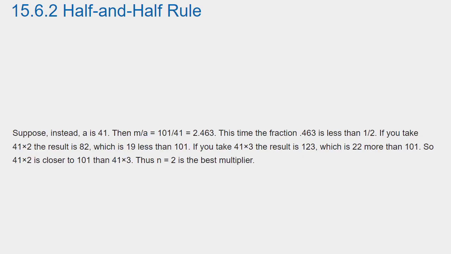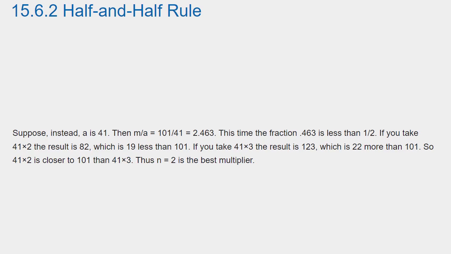Suppose instead a is 41, then m over a equals 101 over 41 equals 2.463. This time the fraction 0.463 is less than 1/2. If you take 41 times 2, the result is 82, which is 19 less than 101. If you take 41 times 3, the result is 123, which is 22 more than 101.